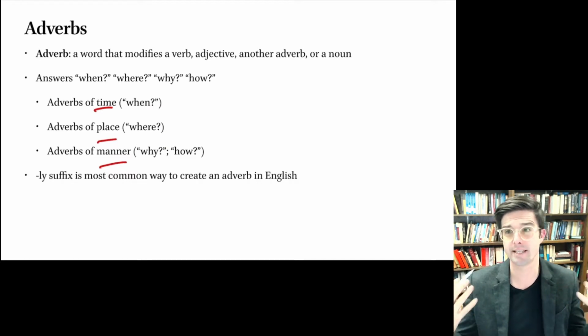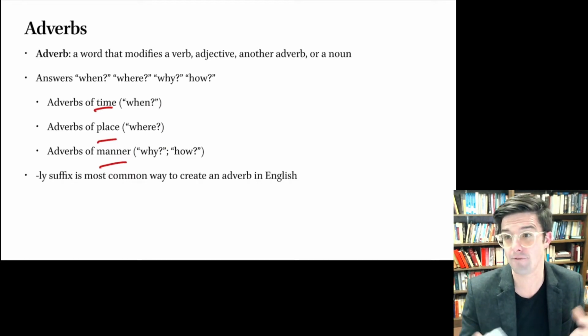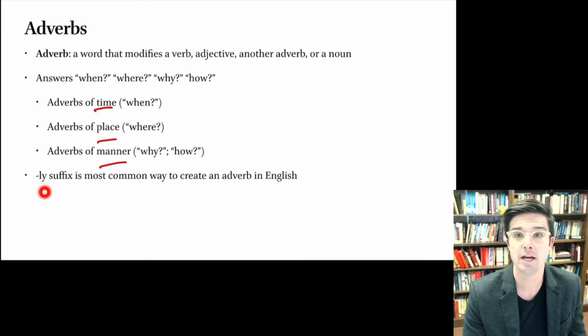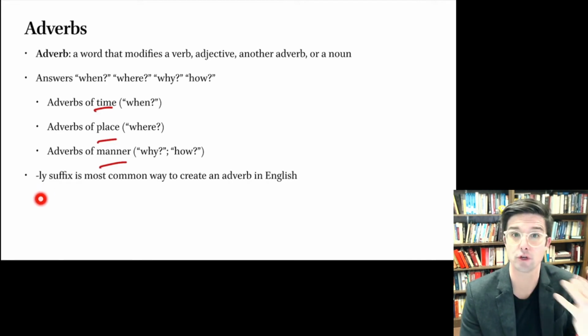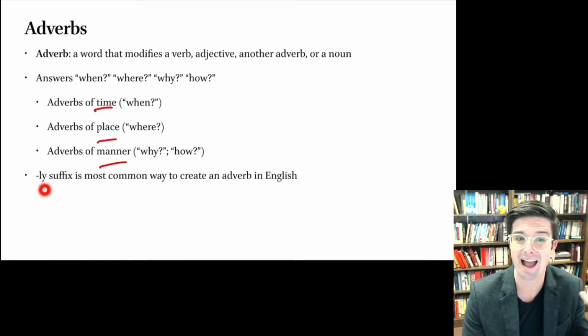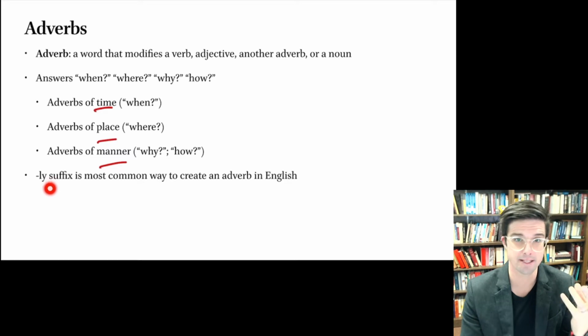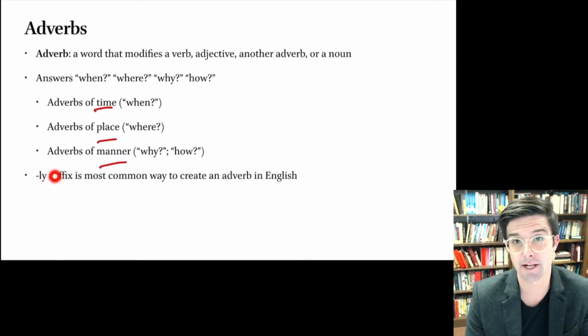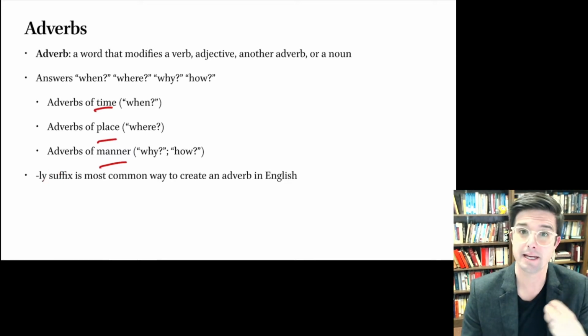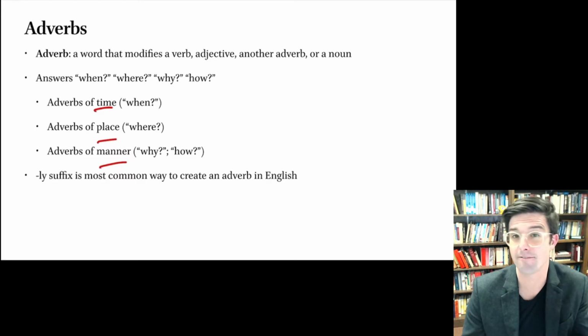In English, the standard way to form an adverb is to add ly to the end of a word to turn it into an adverb. But this is not to say that every adverb has the ly ending. That is not the case. Think of a common example, perhaps the most common English adverb, well, is not formed by adding ly.